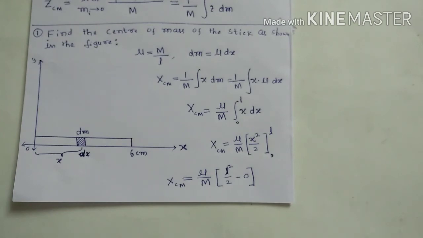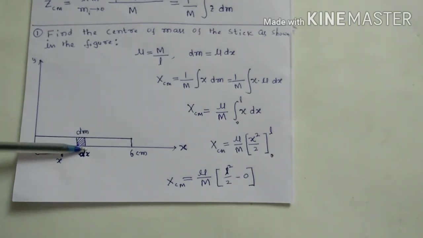Okay, now we are going to calculate the center of mass x coordinate only, because it is lying along the x-axis. For that, what you have to see is the linear mass density, mass per unit length. Suppose this small slice dx, in the dx width, how much mass is there?